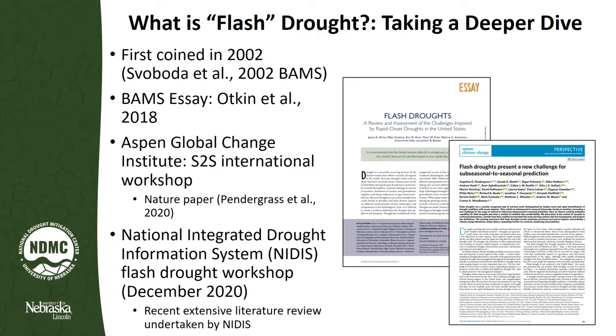But prior to that, efforts were made to bring in experts from around the world to the Aspen Global Change Institute to look at subseasonal to seasonal forecasting with a main focus on flash drought. This resulted in the Nature paper to the right you see here, "Flash droughts present a new challenge for subseasonal to seasonal prediction." So that's out there for you to take a look at as well. So there's been a lot of mushrooming of the interest in topics here over the last 5 years in particular.